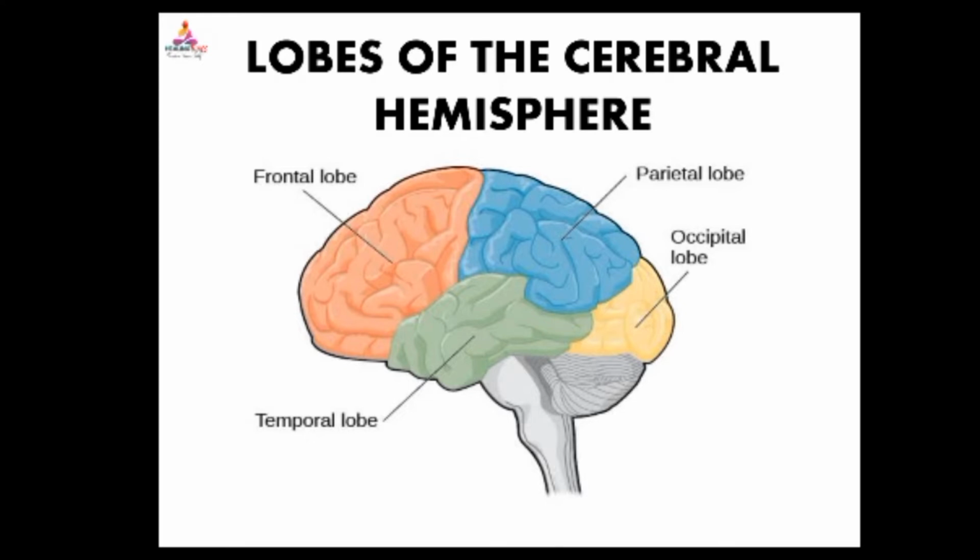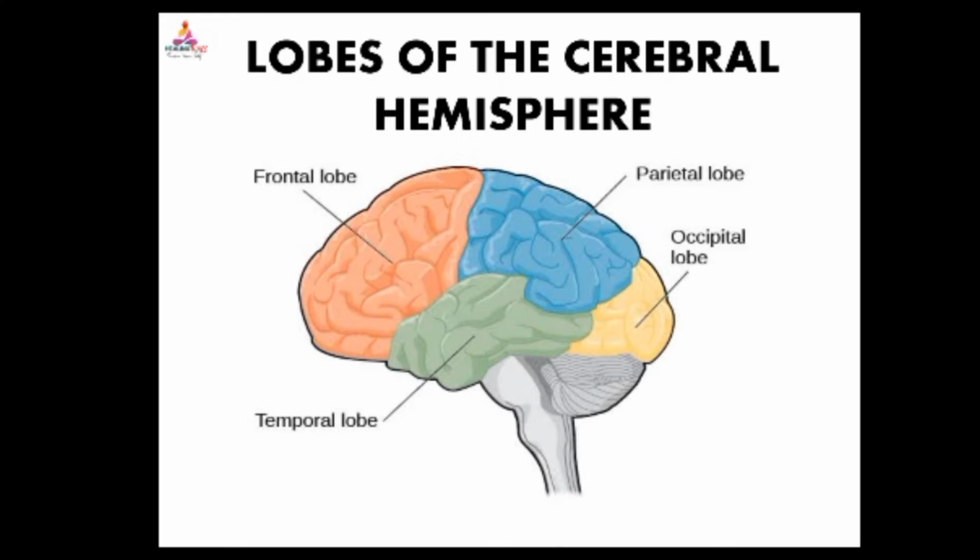The frontal lobe lies anterior to the central sulcus and above the posterior ramus of the lateral sulcus. The parietal lobe lies behind the central sulcus and in front of the upper part of the first imaginary line.